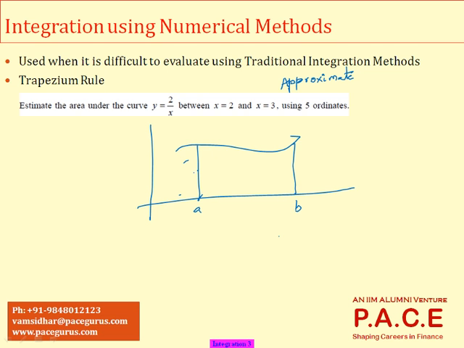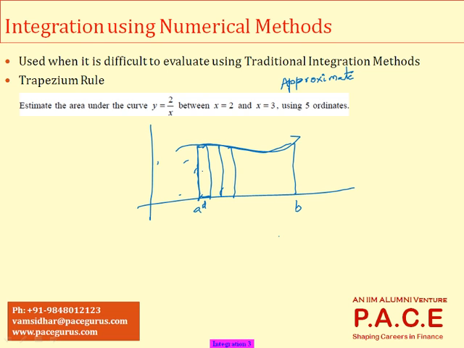And now if I am not able to use any kind of a traditional formula to find the integration for this, the simple way is divide this area into small blocks of some length d. Now what is happening here? This is forming a kind of a trapezium.